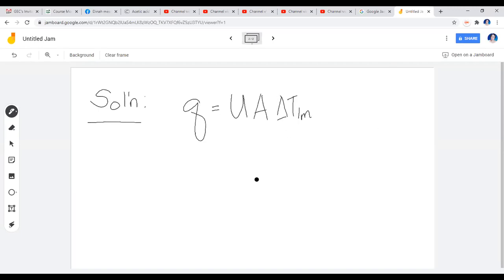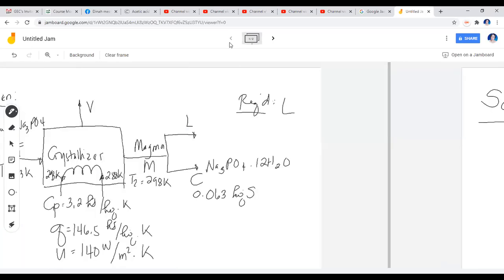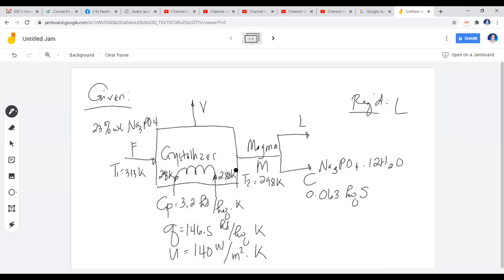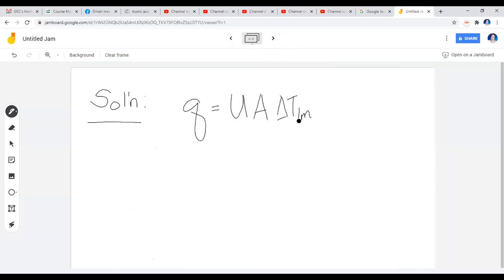You may wonder why you use delta T log mean. You have to go back to the given. You're given the temperature of the feed from the initial process of cooling and after, and you're given the temperature of the cooling medium. All temperatures are in place. So whenever you have such, you will use delta T log mean. You will not use effectiveness in determining the Q, as discussed to you under the topic of heat transfer.